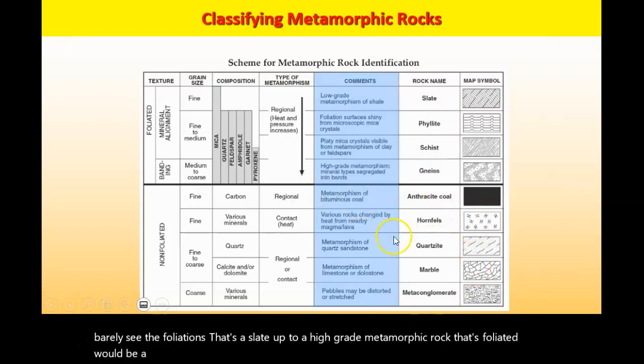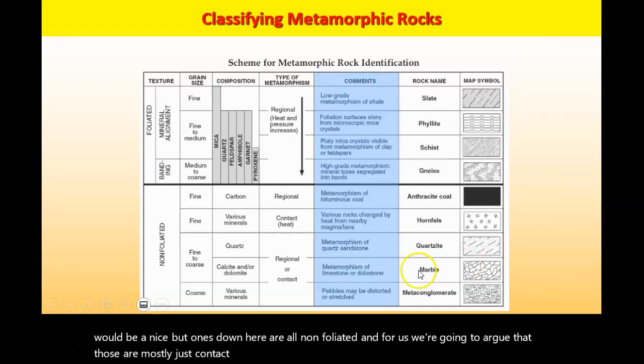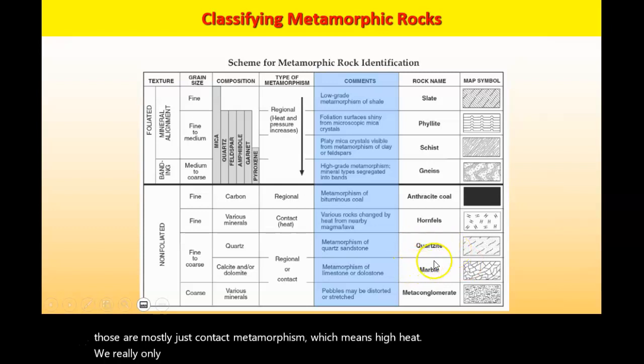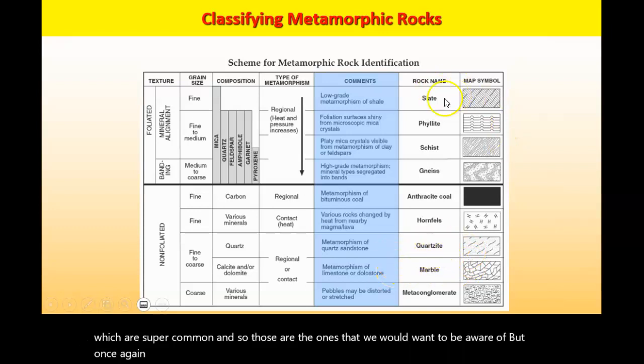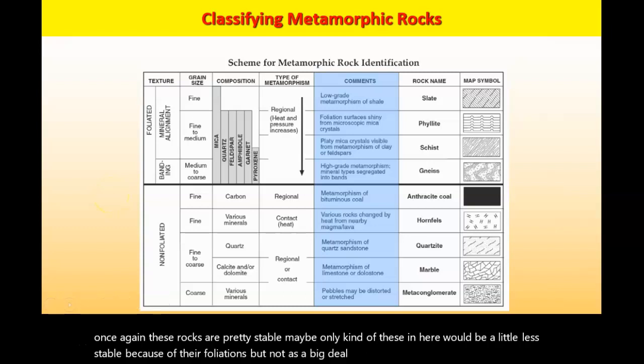The ones down here are all non-foliated, and for us, we're going to argue that those are mostly just contact metamorphism, which means high heat. We really only talk about quartzite and marble because they relate to sandstone and limestone, which are super common. And so those are the ones that we'd want to be aware of. But once again, these rocks are pretty stable. Maybe only these in here would be a little less stable because of their foliation, but not as big a deal as some of the other rocks we've discussed.